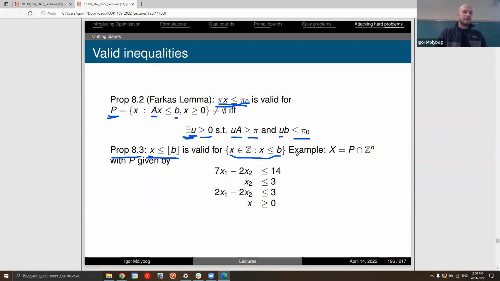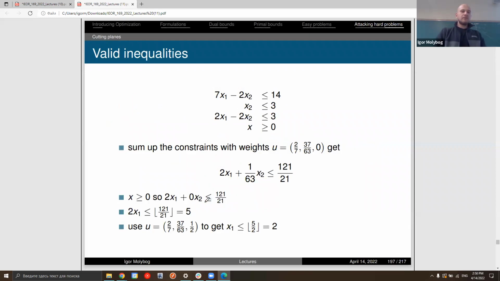And an obvious example is, for example, X being formulated by formulation P in an n-dimensional space, with P given by these four inequalities.